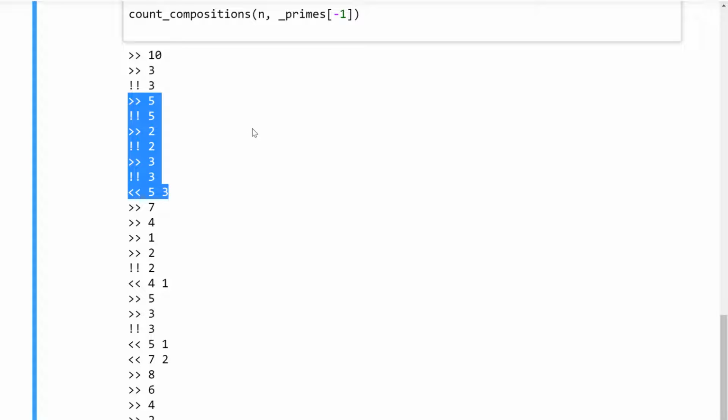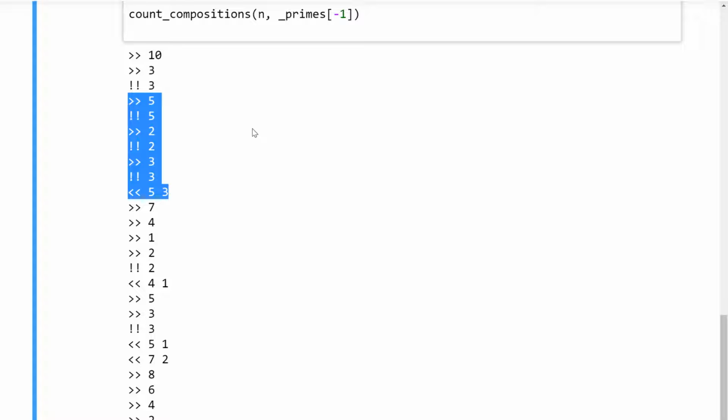So if we count for the 5 itself, when the rest is 5, that's okay. If we count for the 2, that's also okay. But this is counting for the wrong 2.